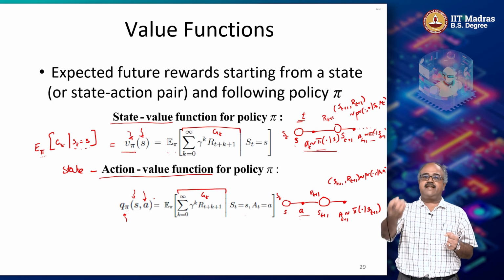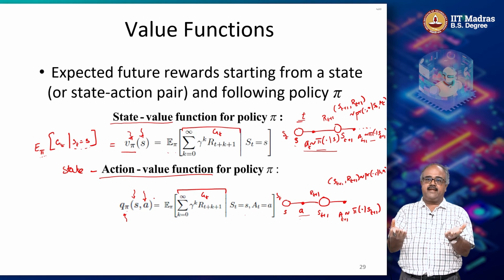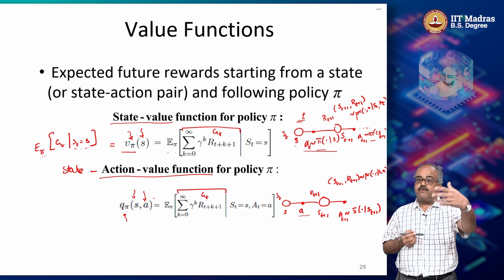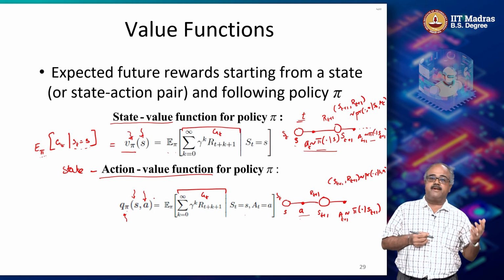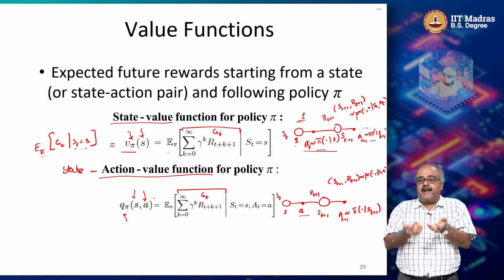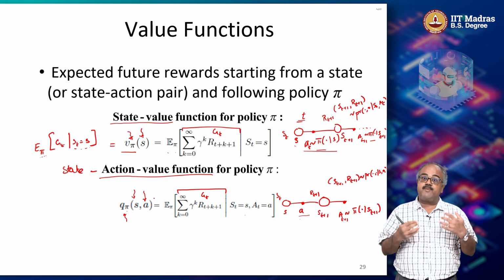In this case, the first action I take is A2 and then I will follow policy pi. So the idea here is to see which one is better to do, if I'm going to follow policy pi thereafter, whether it is better to do A1 or A2. This allows us to compare between actions and potentially change my actions.